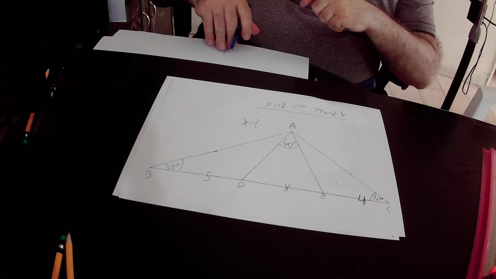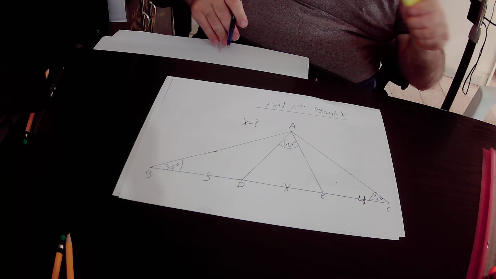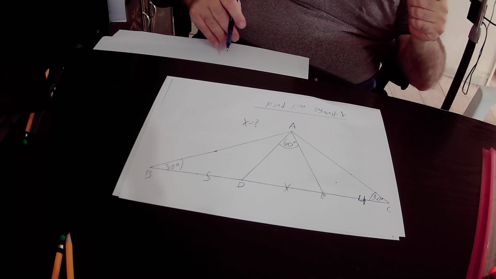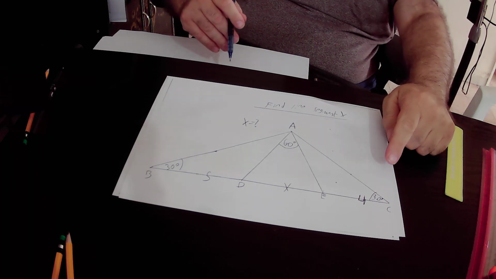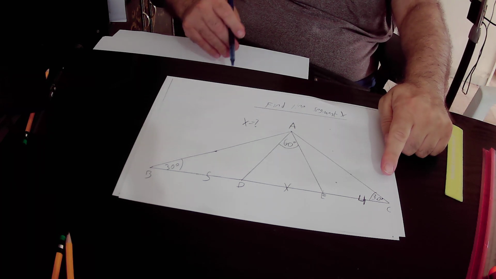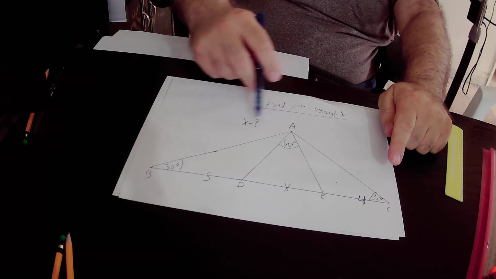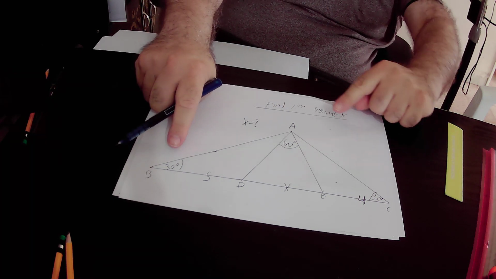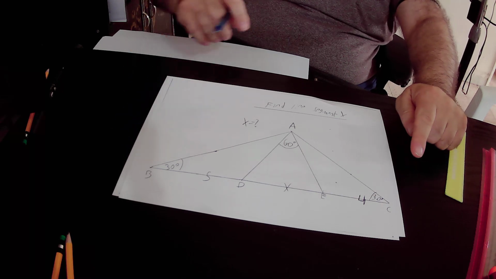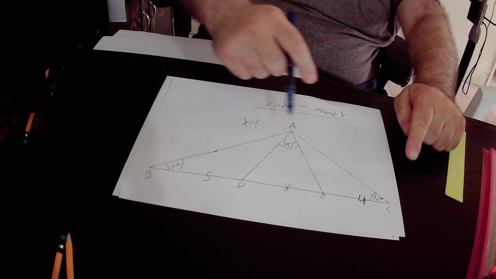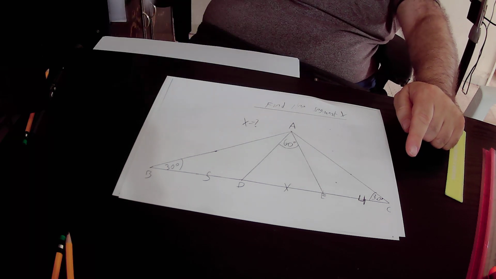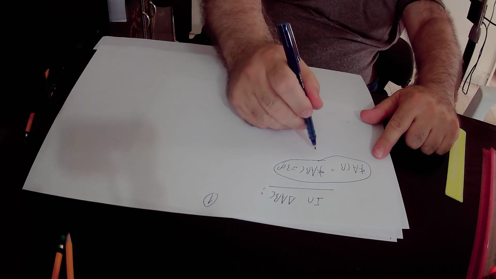And according to the rule that opposite equal angles in a triangle there are equal sides, that is to say, opposite this angle we have side AB, and opposite this angle we have side AC, so side AB equals side AC.